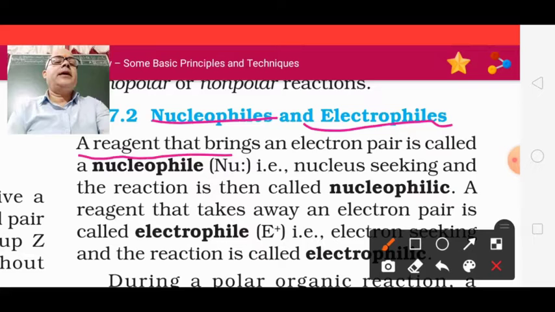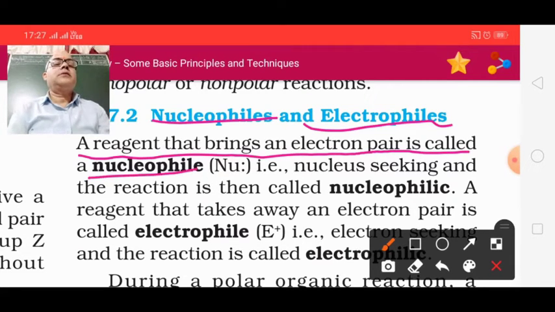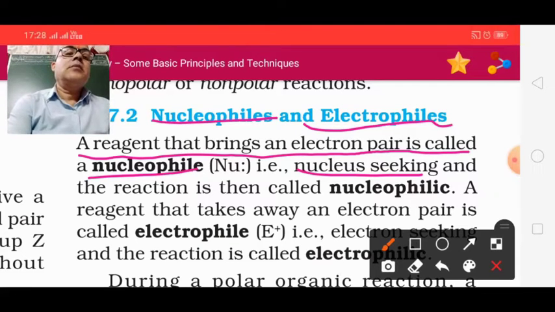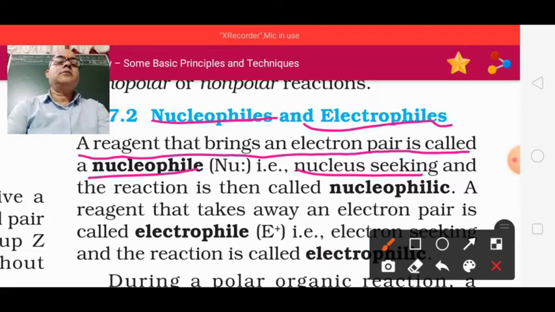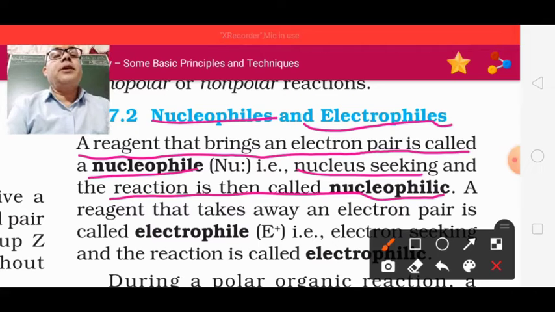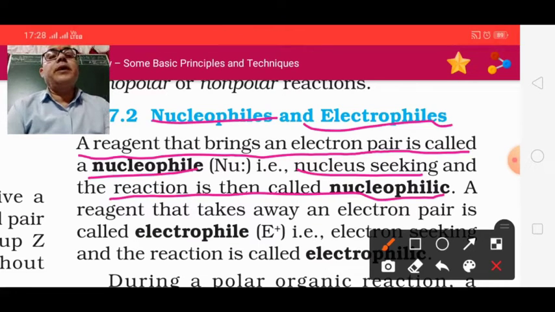A reagent that brings an electron pair is called a nucleophile. Nucleophile means nucleus loving, which means it always attacks the positive center. The reaction is then called a nucleophilic reaction. So students, there are two types of reagents: one is the nucleophile and the other is the electrophile.